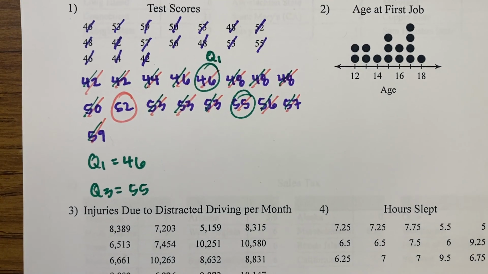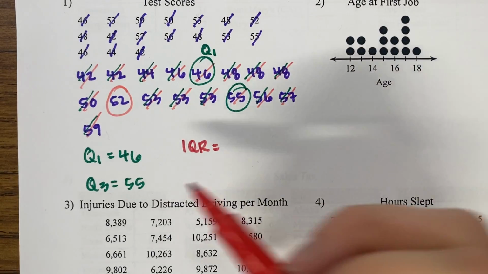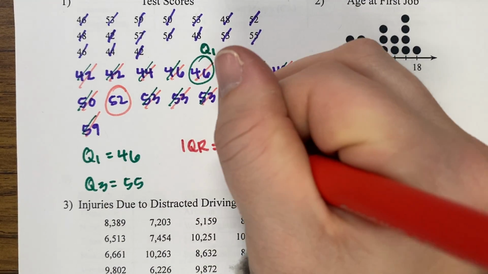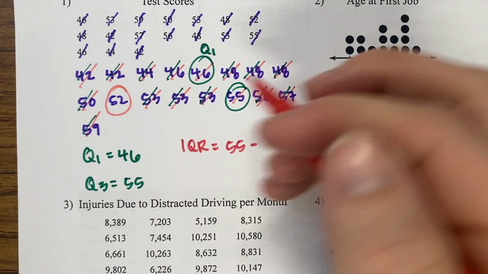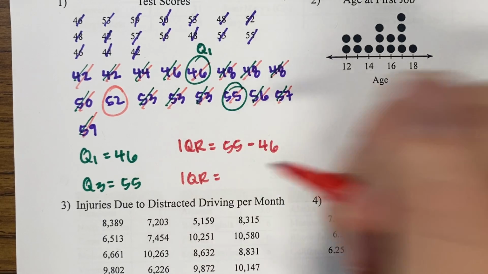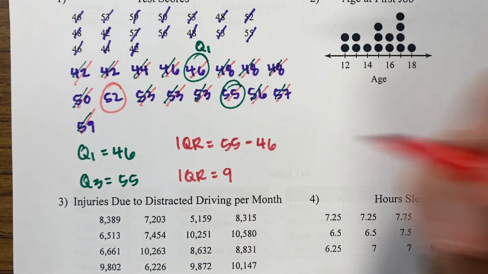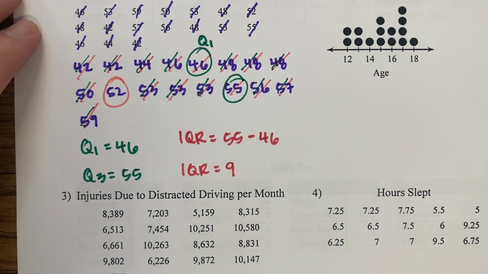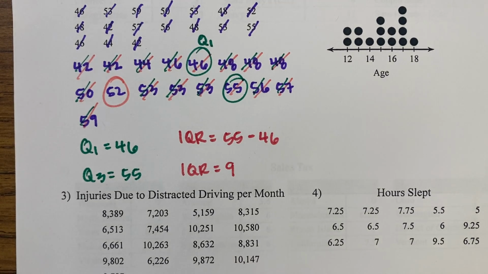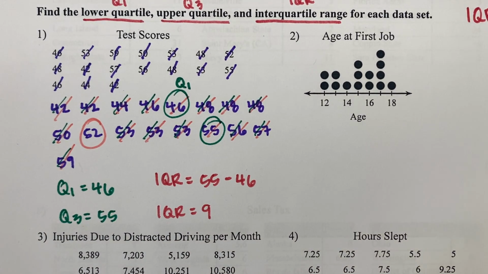So if we come back here, IQR would be our upper quartile, 55, subtract our lower quartile, 46. So our IQR, 55 minus 46, I believe is 9. And there we go. That is how we find our lower and upper quartiles and our IQR, interquartile range.